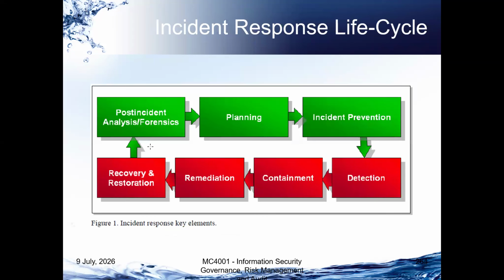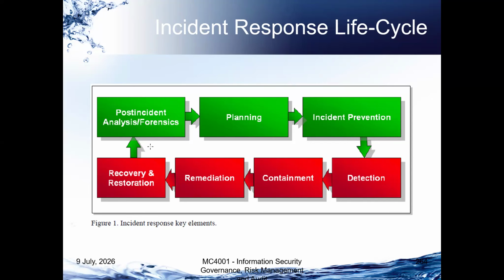So this is the flow, the key elements in the flow. You will notice the ones in green. It's not that the greens are good and the reds are bad, but the red ones you need to do very quickly.